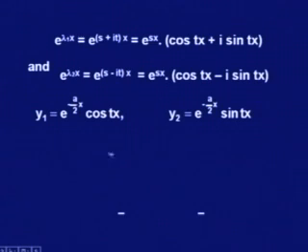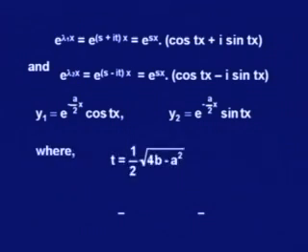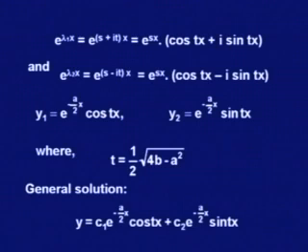Thus, y 1 and y 2 are linearly independent, and here t is of course half of square root of 4b minus a square. So, we will get the general solution as c 1 times e to the power minus a by 2 x cos t x plus c 2 times e to the power minus a by 2 x sin t x.